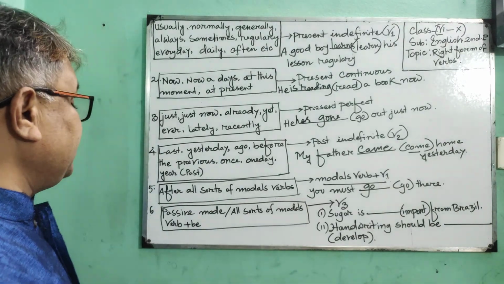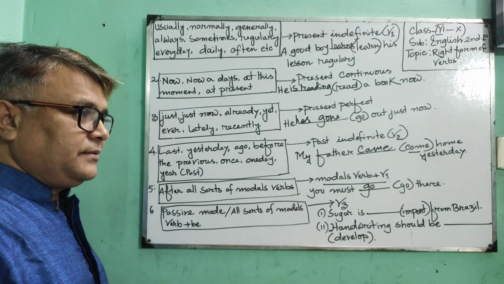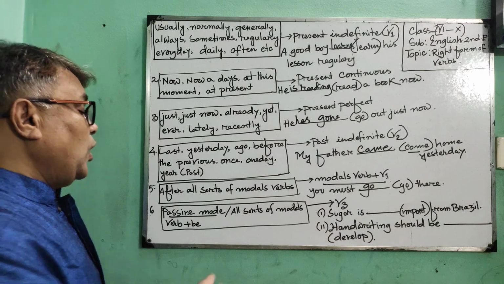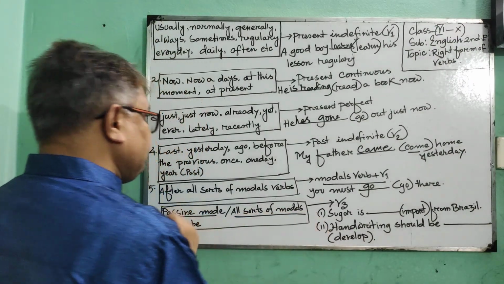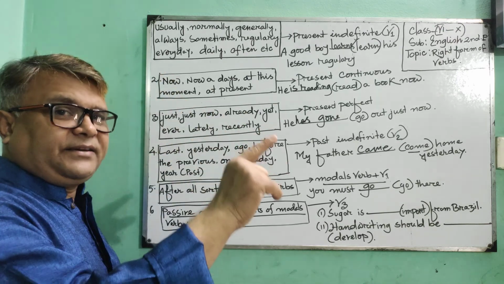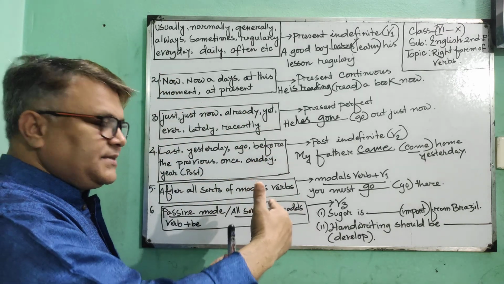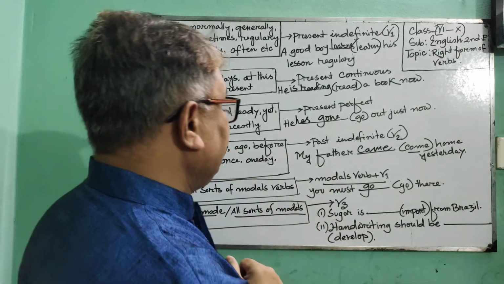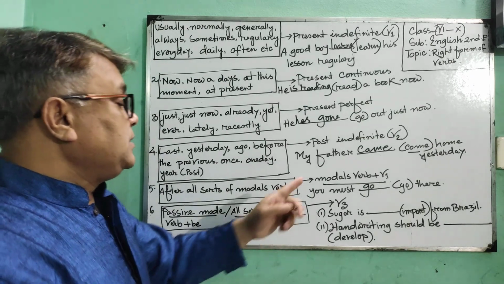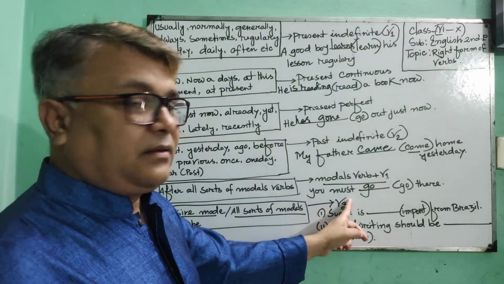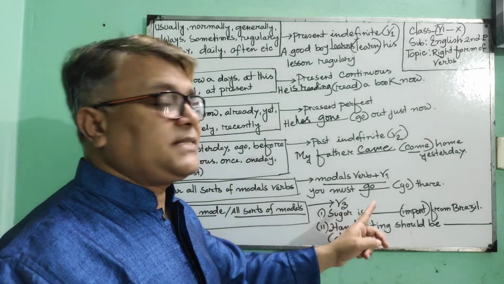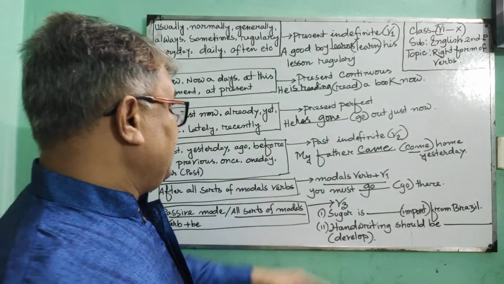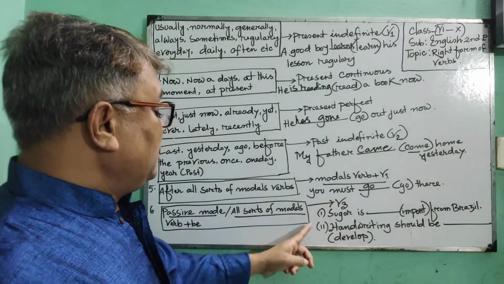Dear learners, if you find any sentence in passive mode, or all sorts of modal verbs plus be, in such a way anywhere, in which case you have to use verb 3, that means past participle. Past participle. Suppose there are two examples here.